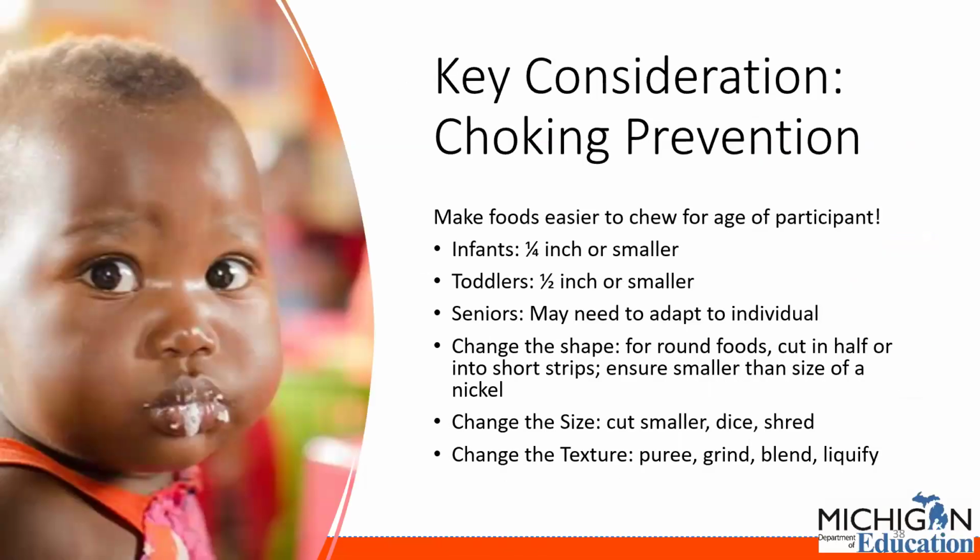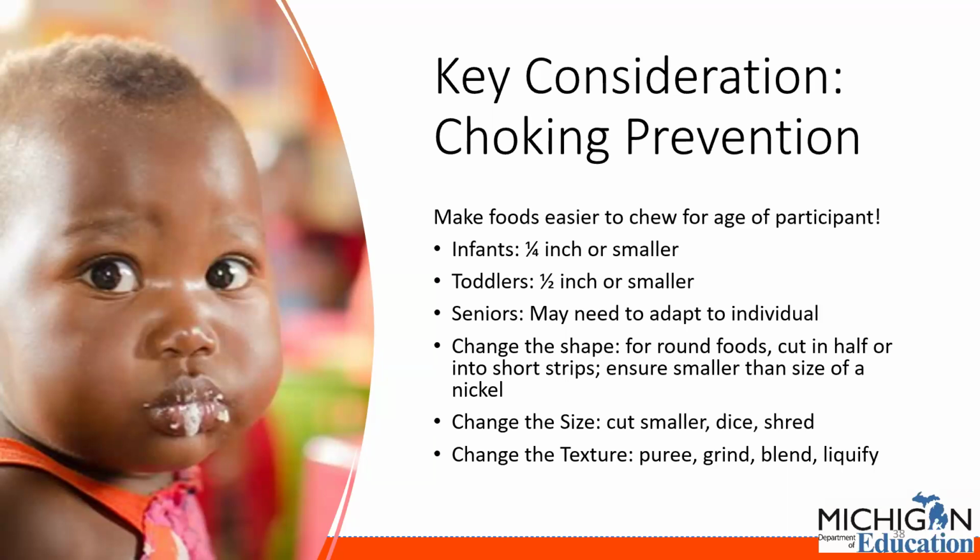So be aware, of course, that some foods can cause choking. So toddlers and infants eating table food cannot, of course, eat all the same foods as older children or the same sizes. So keeping in mind, you need to modify foods for children, either through cooking or chopping, grating.